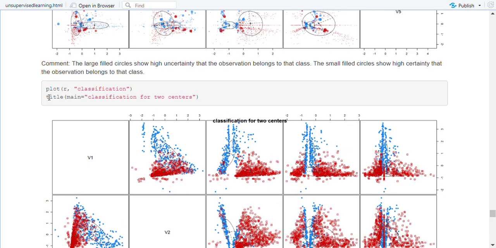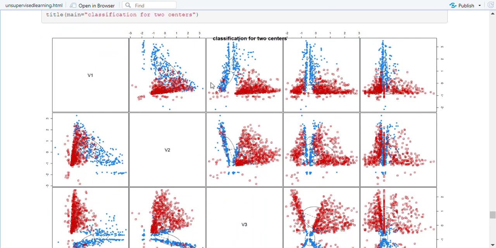Then we plot R and the classification part of it, main equal classification for two centers. So we see that these are the data, the two clusters that are printed.